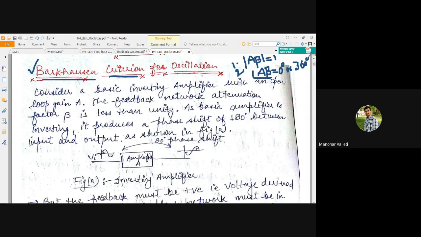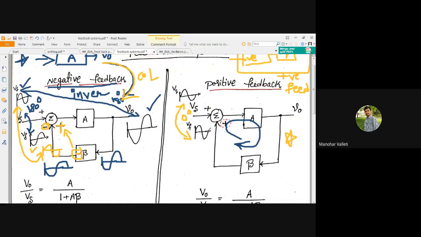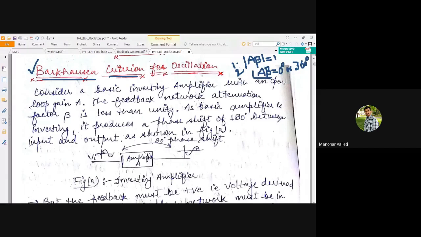The second point you already understood, I guess, because the feedback signal and input signal of the amplifier have to be at 0 degrees phase shift. Then only I can say that positive feedback is there.